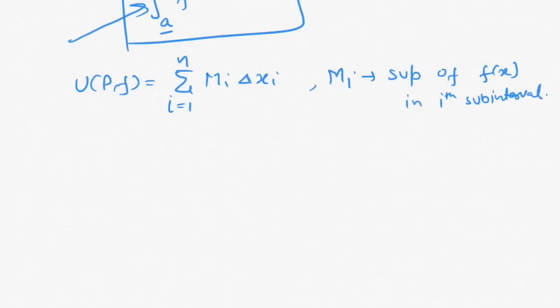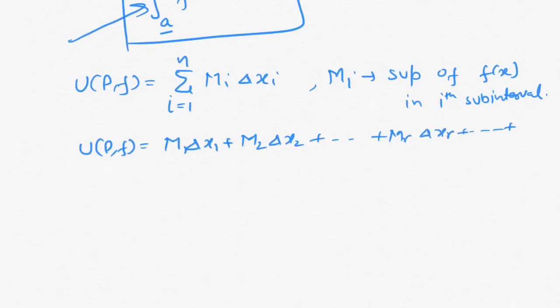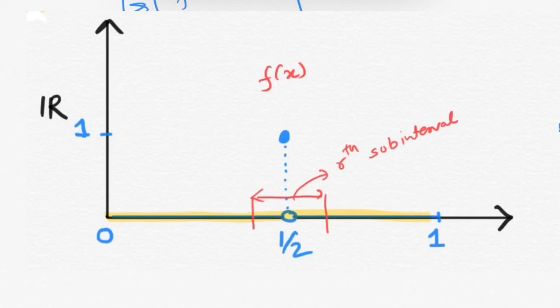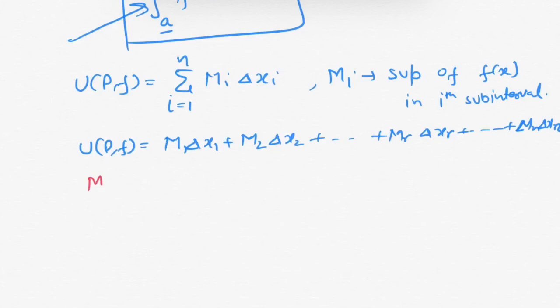So U(P,f) equals M1 delta x1 plus M2 delta x2 plus M_r delta x_r and so on, plus M_n delta x_n. When you see the graph of the function f(x), you will observe that the supremum of f(x) in every subinterval is 0 except in the rth subinterval. So M_i equals 0 for all i except the rth subinterval.